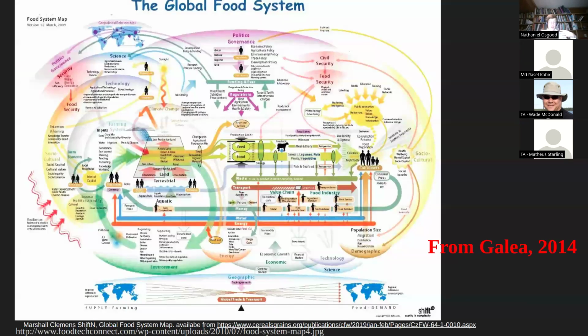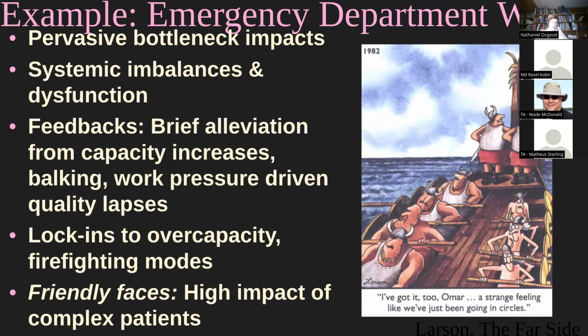And some, like Sandra Galea, have sought to map out aspects of this food system that bring home its structural complexity. But what's really of note here is its induced dynamic complexity.